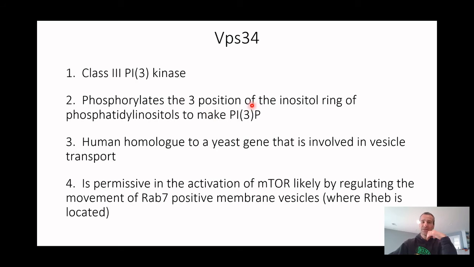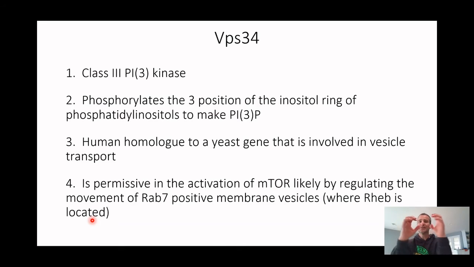So it's phosphoinositide phosphate, PIP1, whereas PIP2 becomes phosphorylated by PI3 kinase to make PIP3. This is PIP1. It's the human homologue of a yeast gene that's involved in moving vesicles around the cells, and it's permissive to the activation of mTOR, likely by moving Rab-positive membranes or lysosomal membranes where Reb is located.